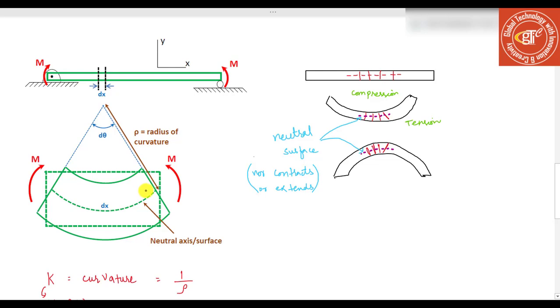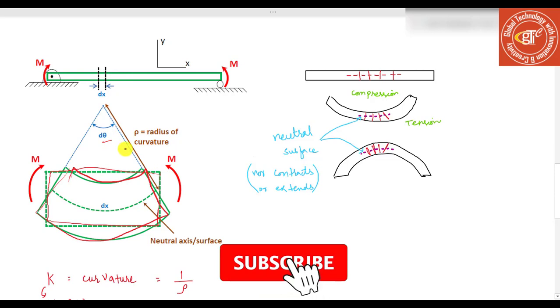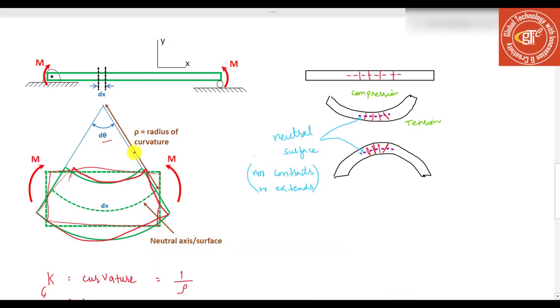And so what I have here is my constant moment applied on either side, and here's my original position of the beam, and an exaggerated position once it is bent. And it's bent through an angle d theta.